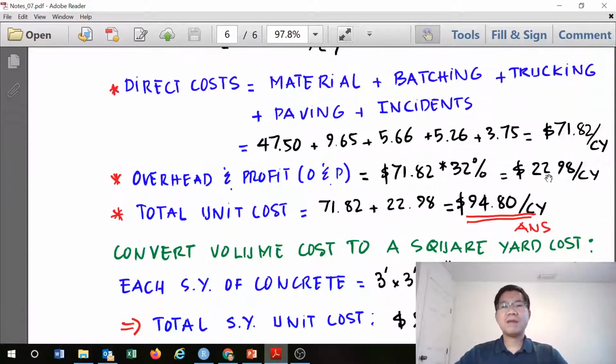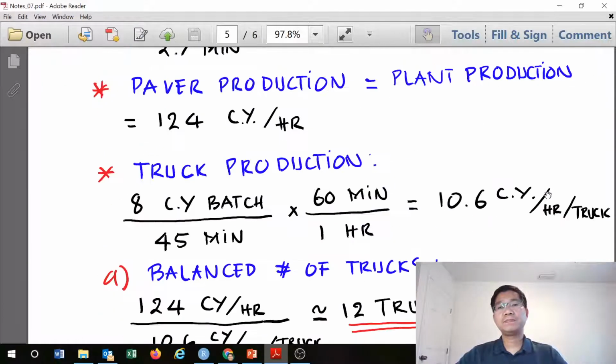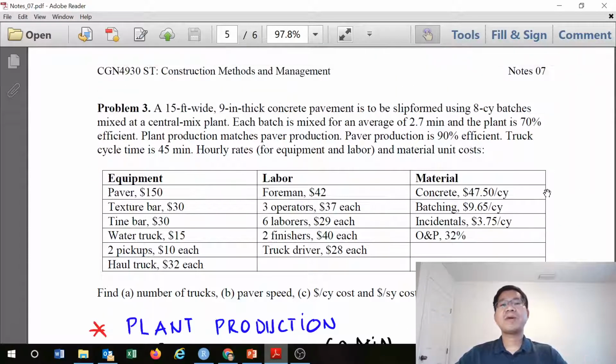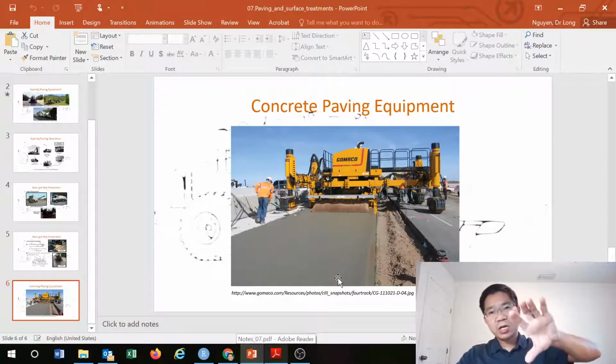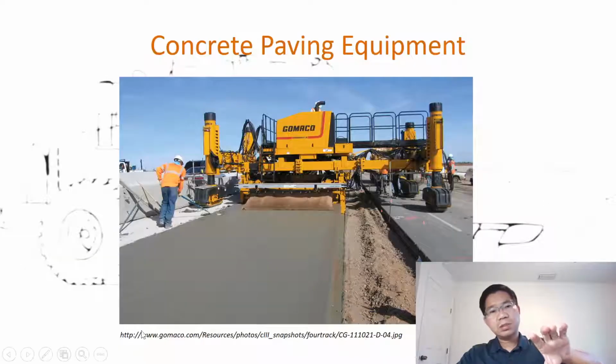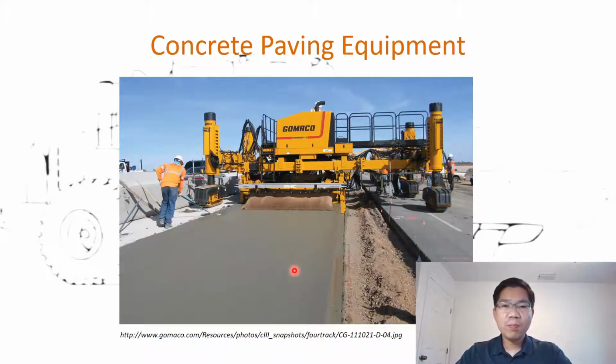So what does that mean for the road? For this pavement, with the given thickness of 9 inches, the volume of 1 square yard going down 9 inches is 0.25 cubic yard per square yard.